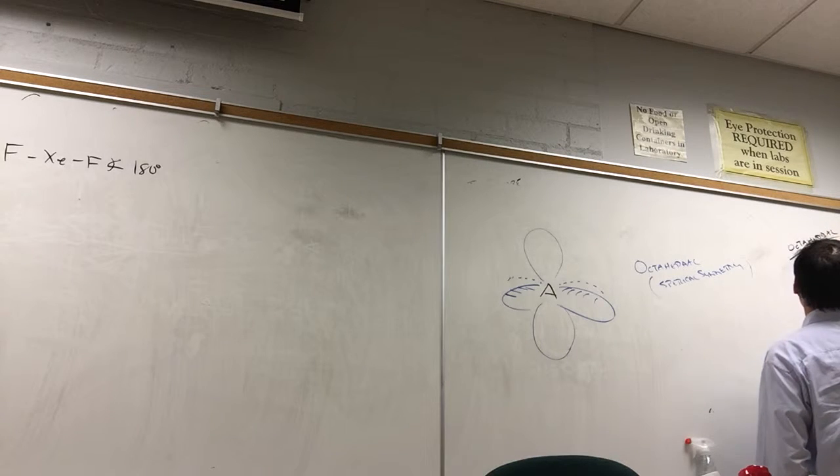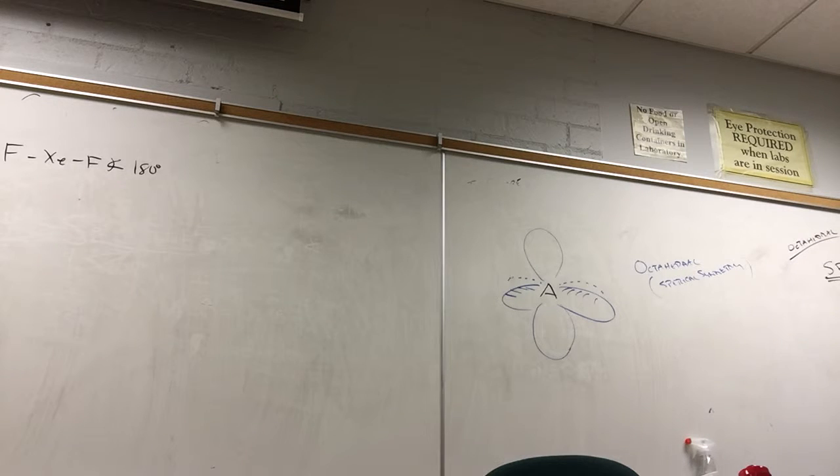We're going to look at SF6, sulfur hexafluoride. Sulfur is in the middle, and then we have 6 bonds to it, no lone pairs. And so it adopts an octahedral shape like this.